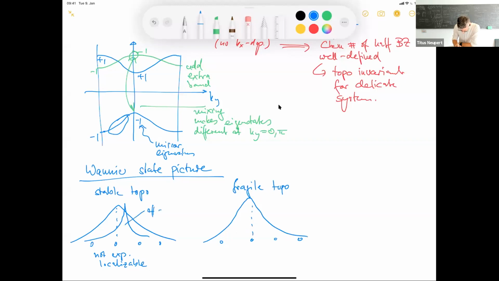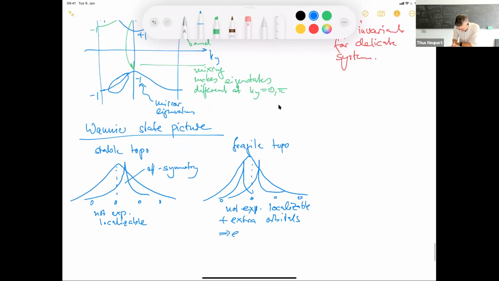But with fragile topology, when you introduce extra orbitals that are localized somewhere in your system as additional orbitals, then, while they're not exponentially localizable by themselves, plus extra orbitals, they become exponentially localizable. I'll take the question in just a moment.